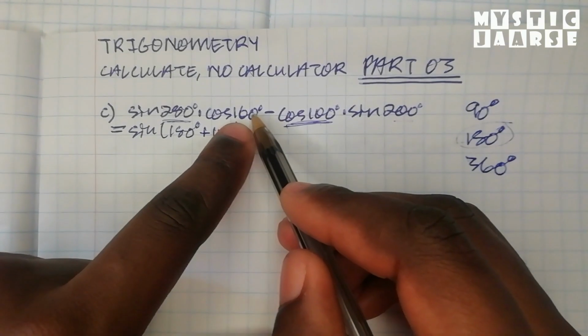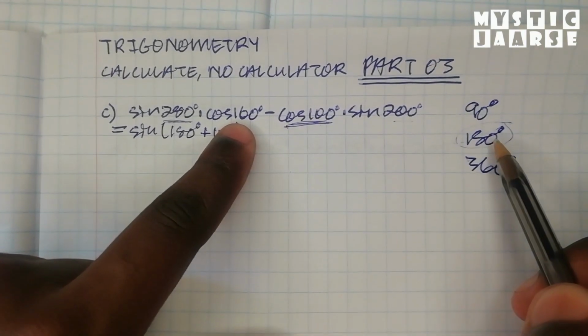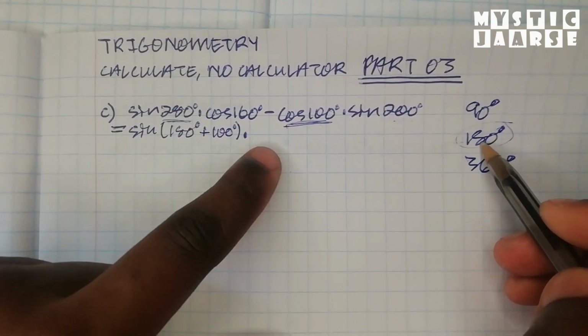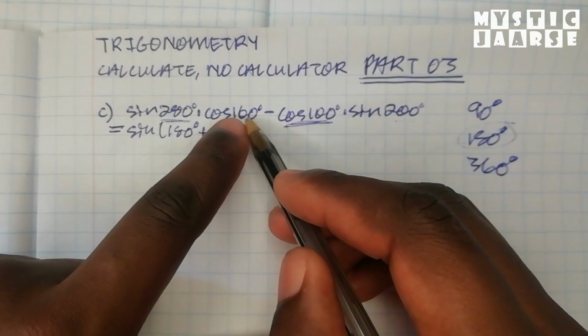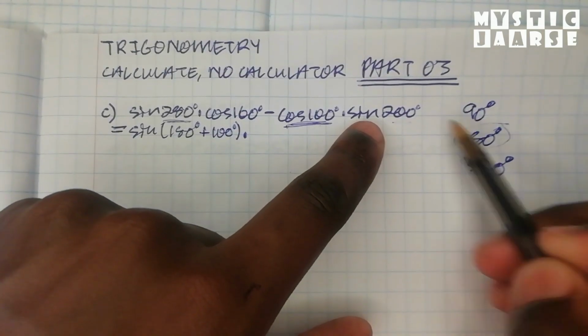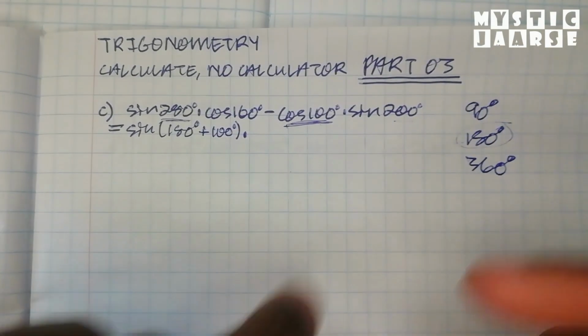And when I look at 160, I need to add 20 degrees to get to 180. So we are going to use 180 to reduce 160 to get an angle of 20. And we are also going to use 180 degrees to reduce 200 to get to 20.